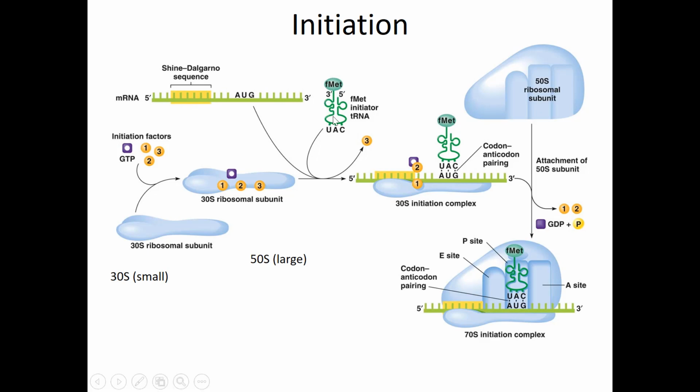And then here, once your methionine, your initiator tRNA, that has the anticodon for AUG, which is the start codon, once that tRNA binds to the process at that start codon, it will facilitate the attachment of the large ribosomal subunit onto the small one. GTP will be broken down into GDP to provide the energy necessary to bind the large ribosomal subunit on.